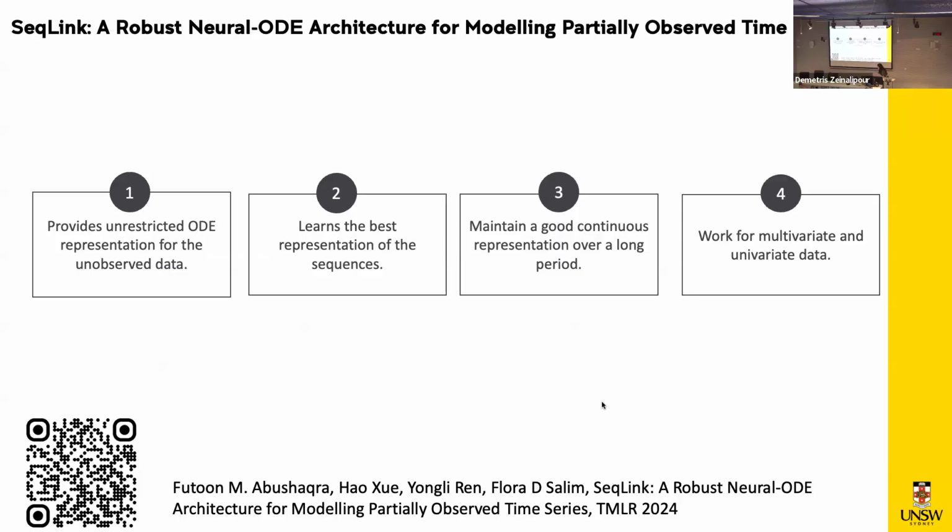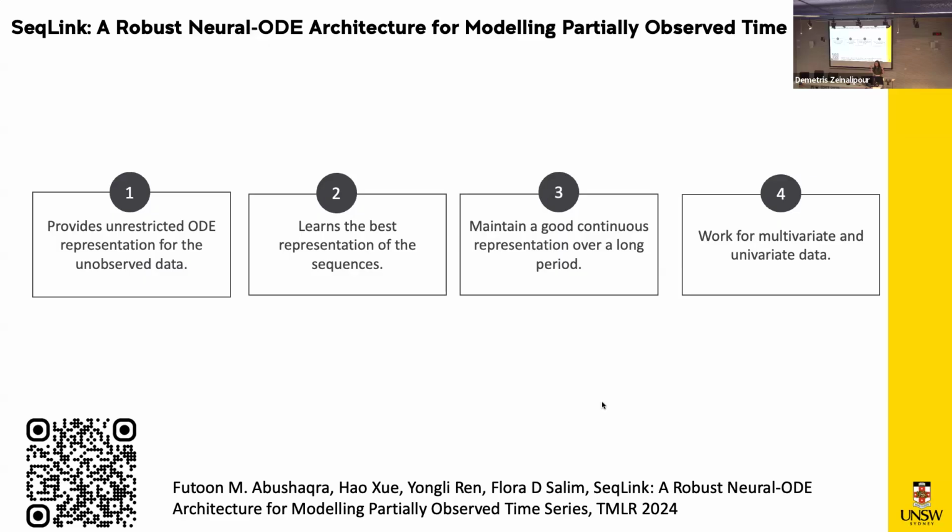So the way we do this is we believe we can adopt the idea of ODE, which stands for ordinary differential equations. It models the flow of data between the two observations.